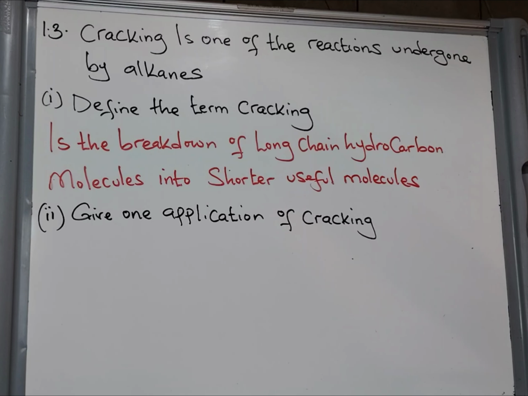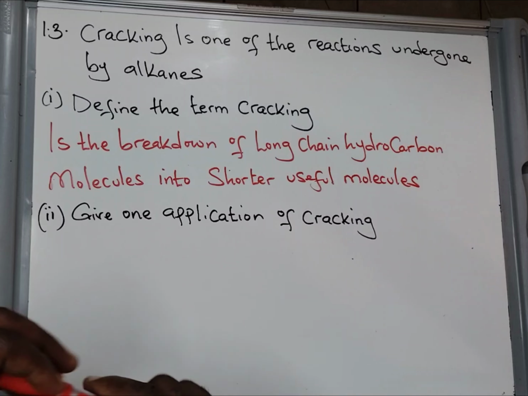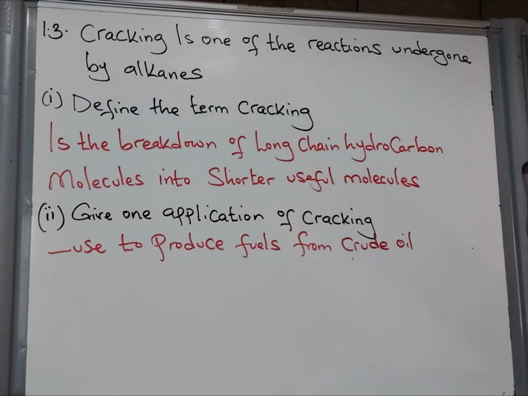Normally, crude oil is made up of long chain hydrocarbons, and they are not very combustible. So what happens is that they use cracking to break it down into shorter chains, which are easily combustible, which burn easily.